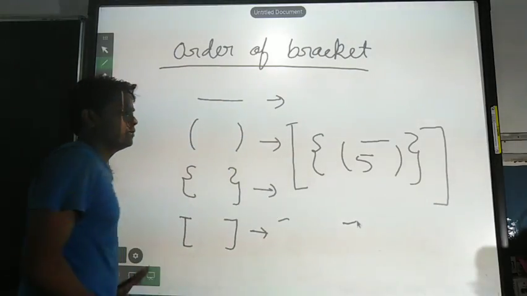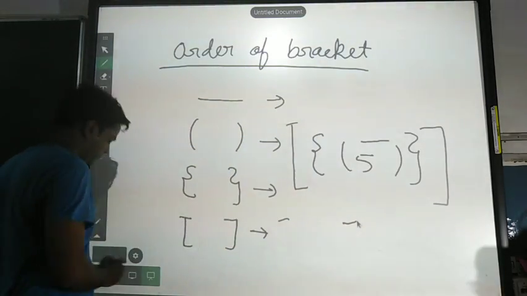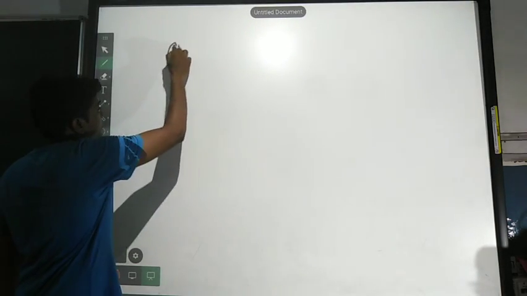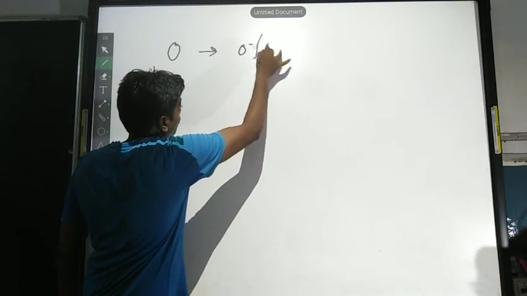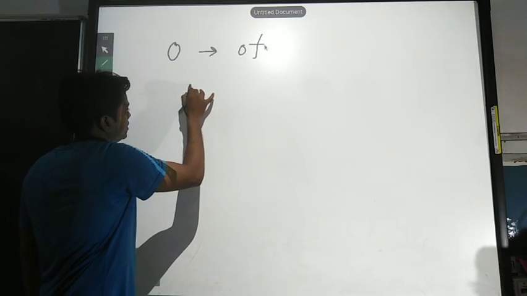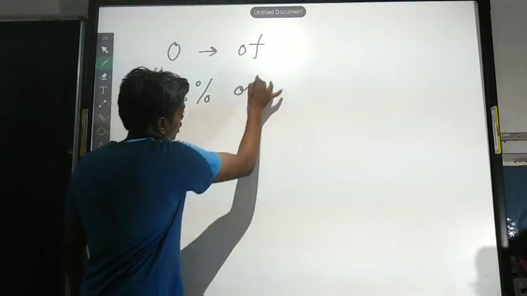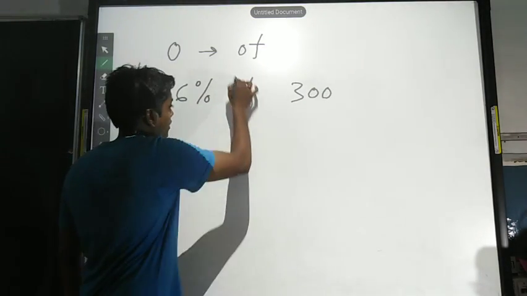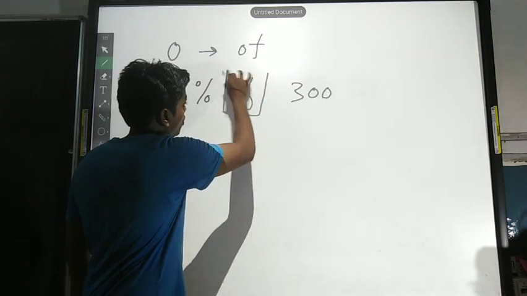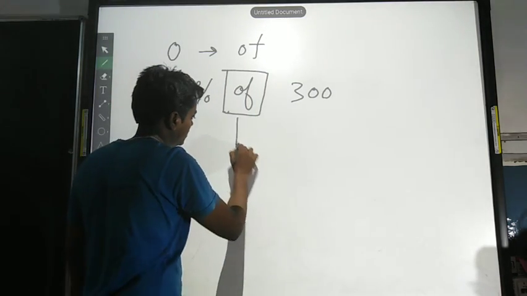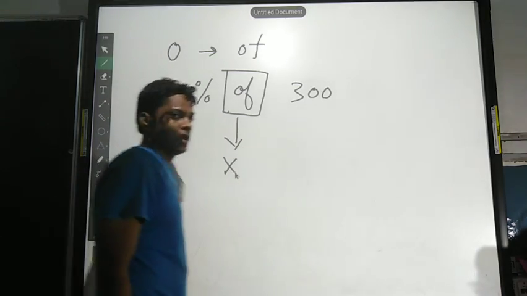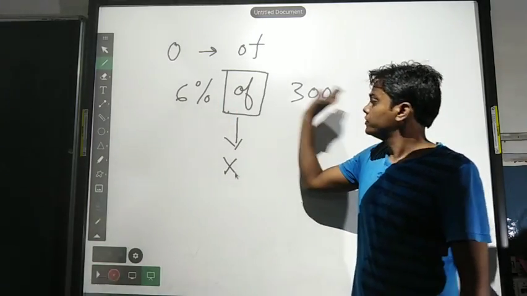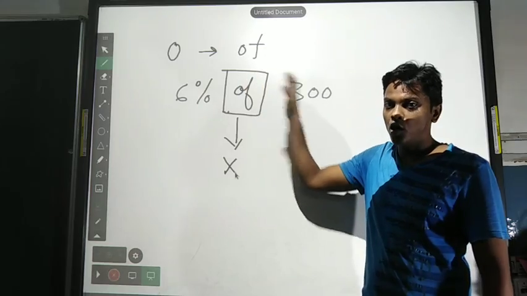This is all about bracket, and after that, O means of. Of means, see, 6% of 300. The word of represents multiply. 6% of 300 means 6% part of 300.